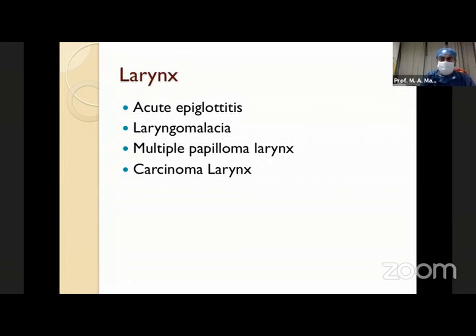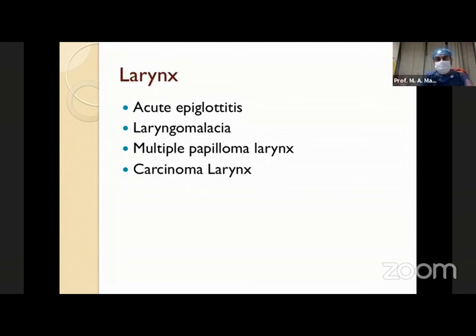Suppose a 55-year-old male patient presents with persistent hoarseness of voice. You did a fiber optic laryngoscopy and you found an ulcerated growth in the right vocal cord. And you took a biopsy by direct laryngoscopy, and the biopsy report shows squamous cell carcinoma.